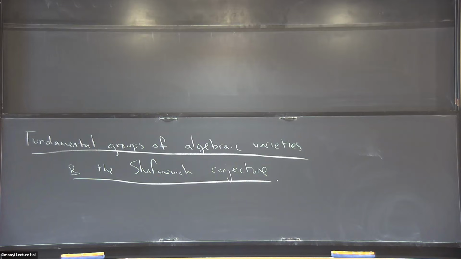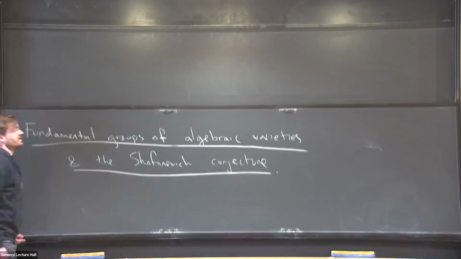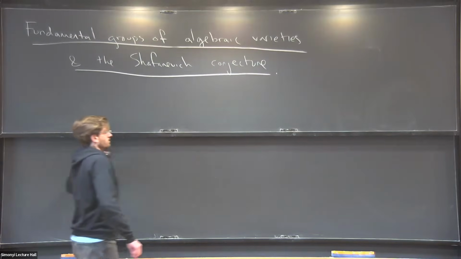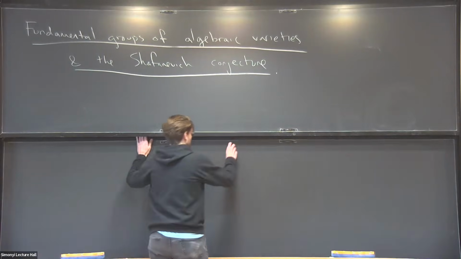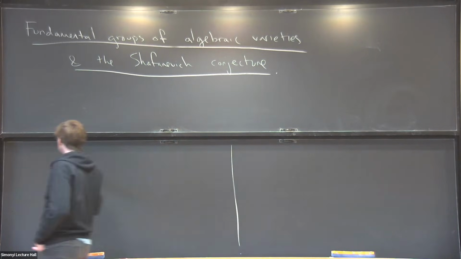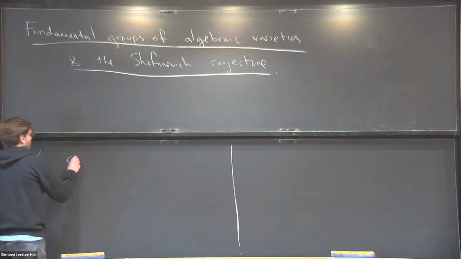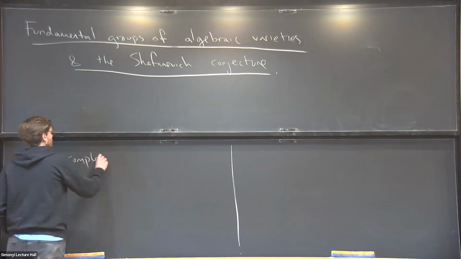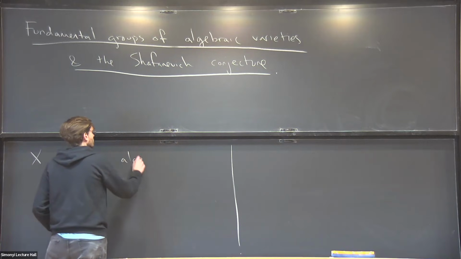So yeah, I want to talk about some questions related to the topology of complex algebraic varieties. Let X be a complex algebraic variety.